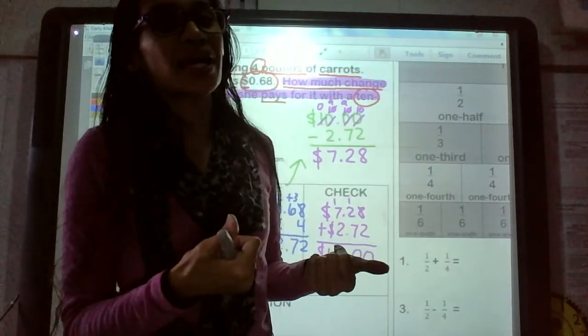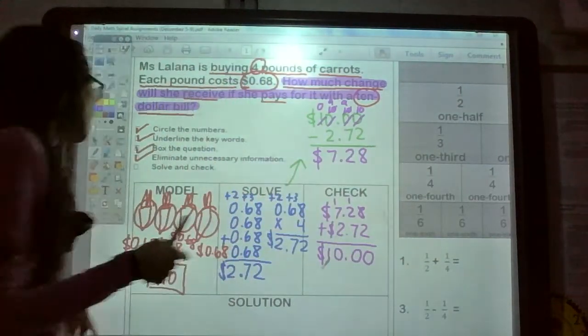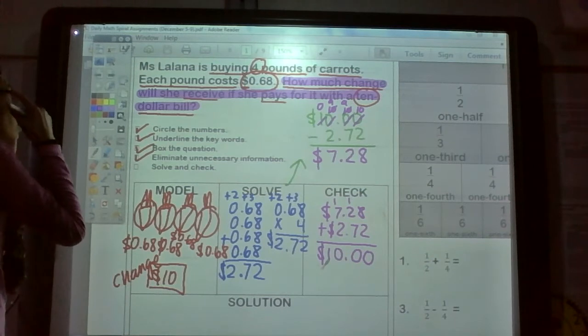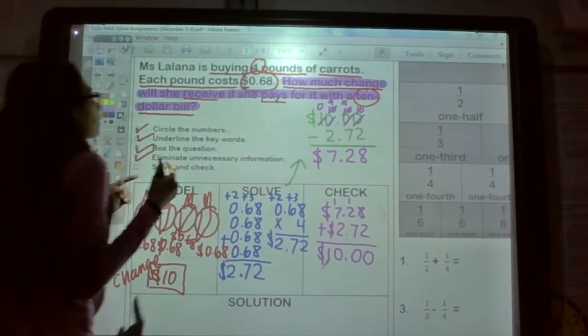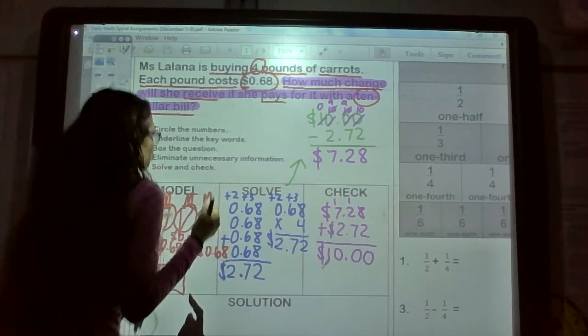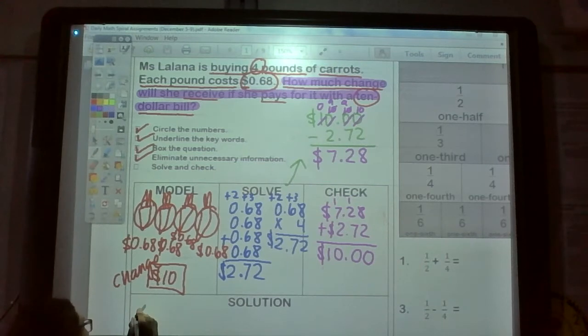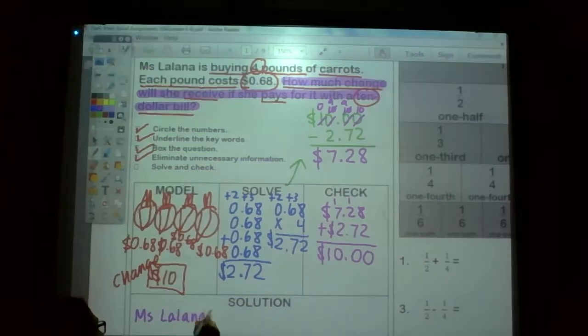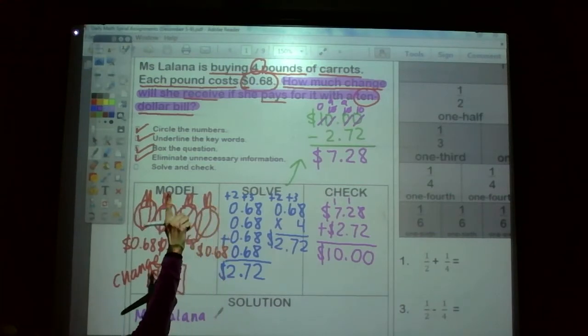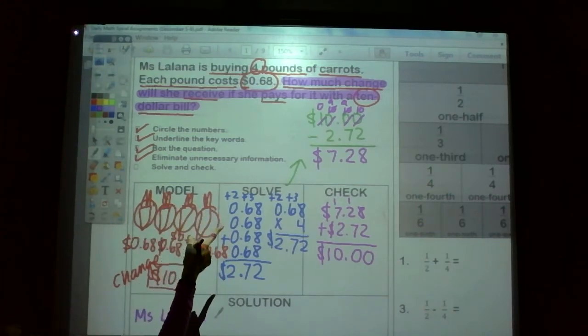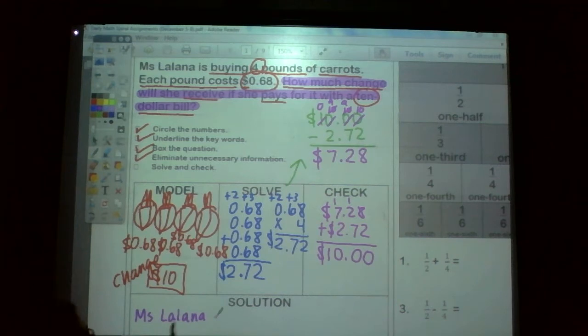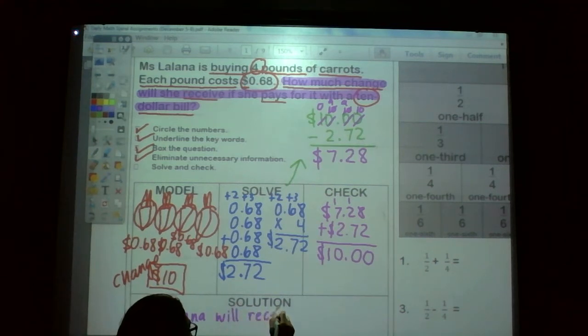Last thing we need to do is write our solution in a complete sentence. Help me write that. What do we say? We can write, Miss Alana will receive, and look at the question. It says, how much change will she receive if she pays for it with a $10 bill? Miss Alana will receive what?